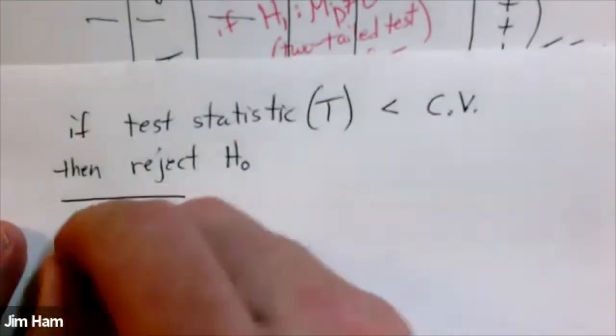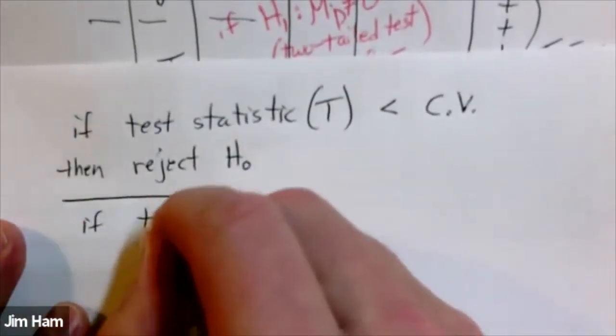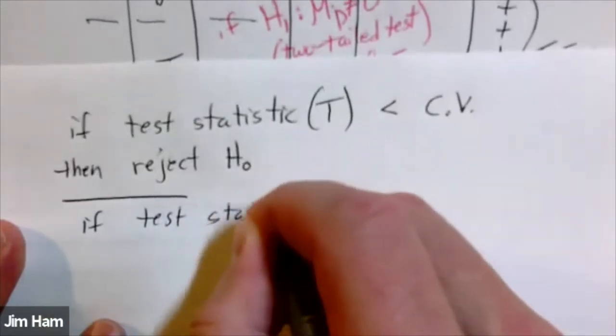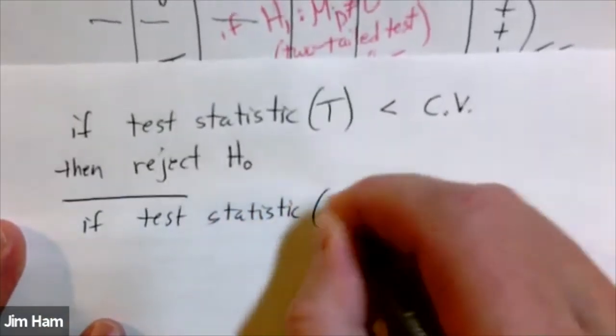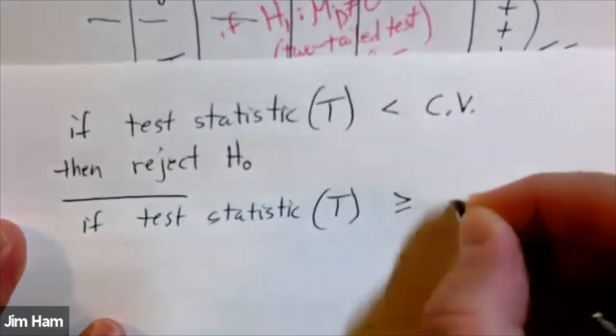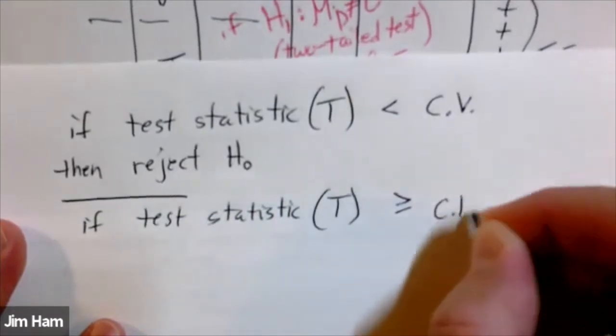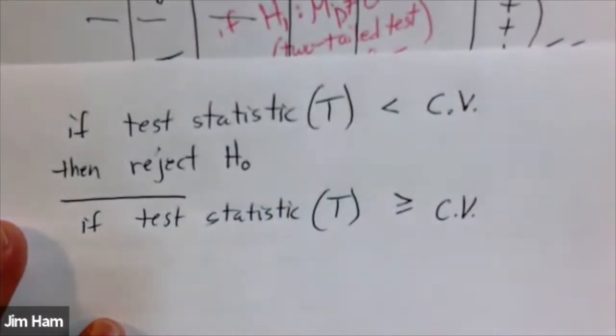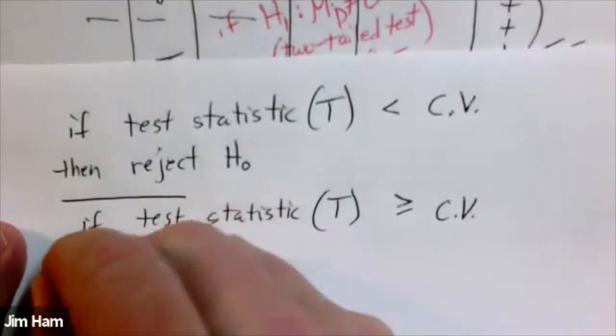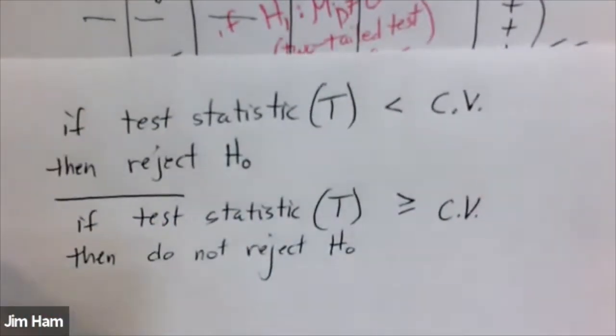On the other hand, if the test statistic T is greater than or equal to the critical value, then do not reject the null hypothesis. There's no p-value that we can calculate here, and so this is really the only test that we use to determine whether we reject or not the null hypothesis.